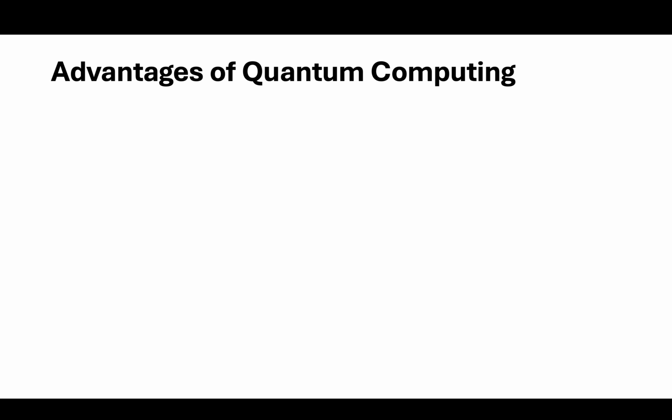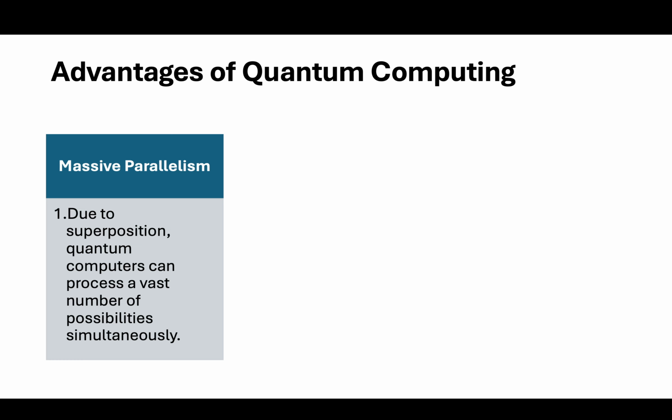Advantages of quantum computing: massive parallelism. Due to superposition, quantum computers can process a vast number of possibilities simultaneously.